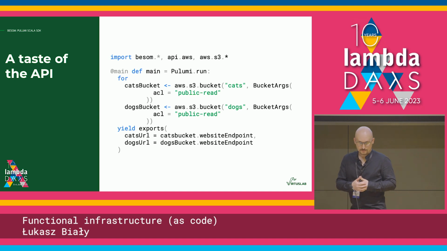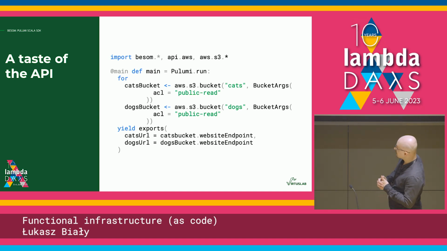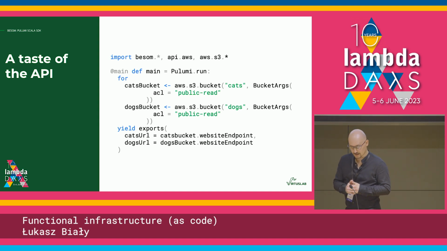This is how the API in the current iteration looks like. So this is Scala free, and we have Pulumi run that, for those of you that don't know the new syntax, actually takes a lambda, and it's actually a context function.